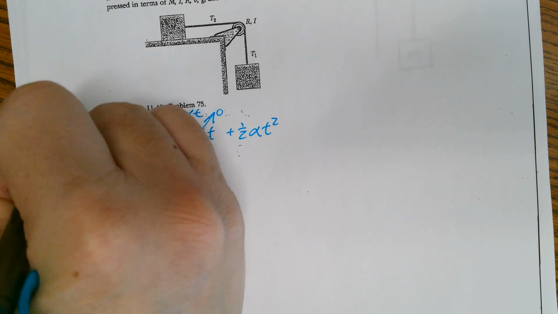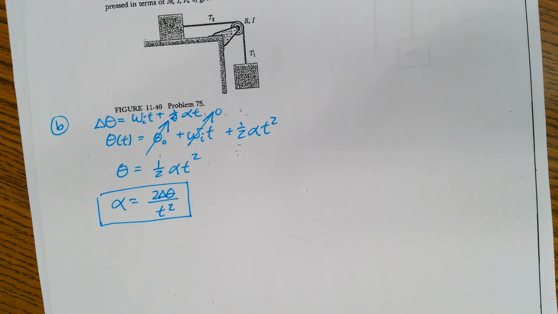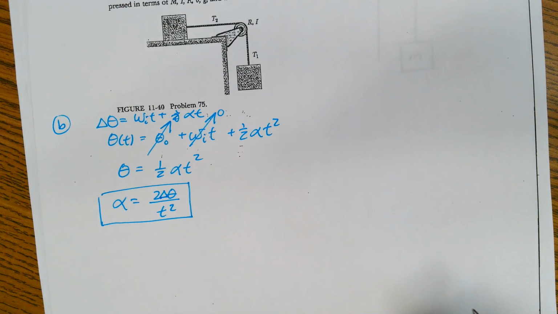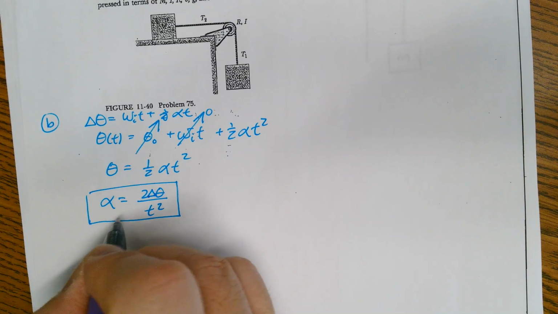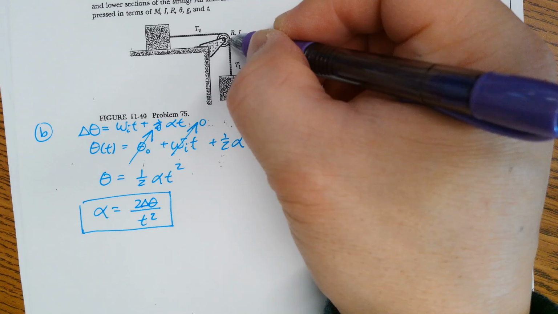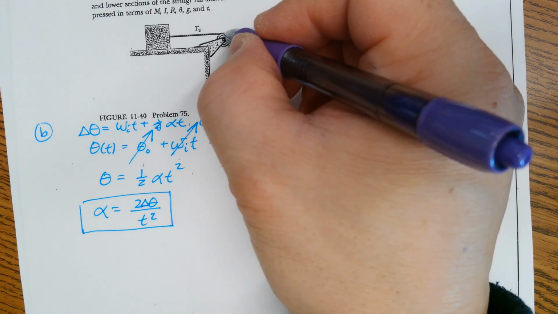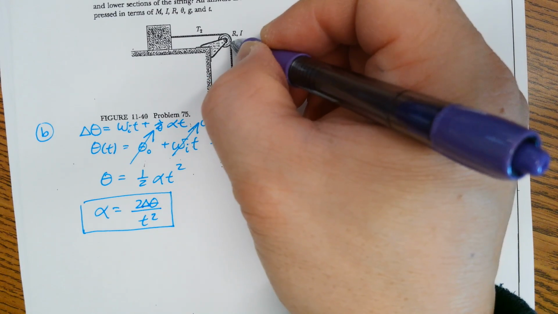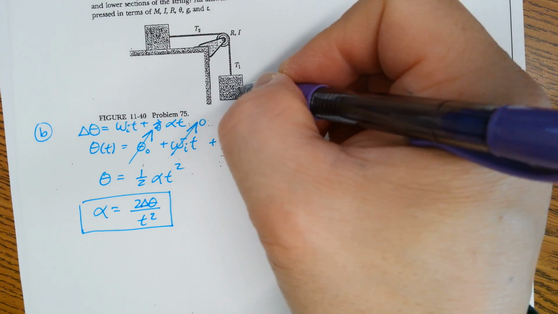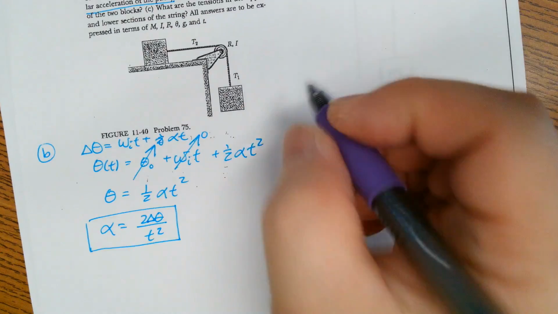All right. What about B? For part B, what is the acceleration of the two blocks? If this is going to be rotating without the rope slipping, the tangential acceleration of the rope has to be the same for both blocks.